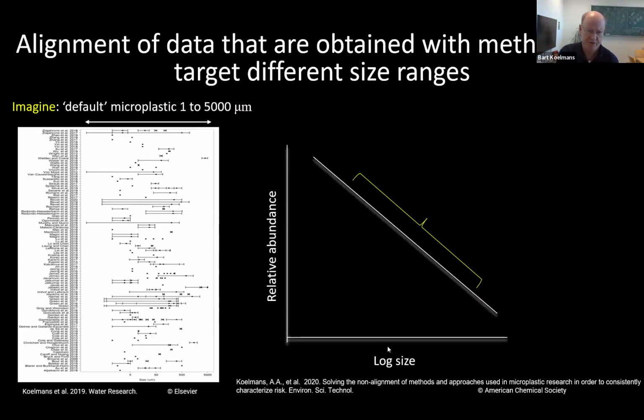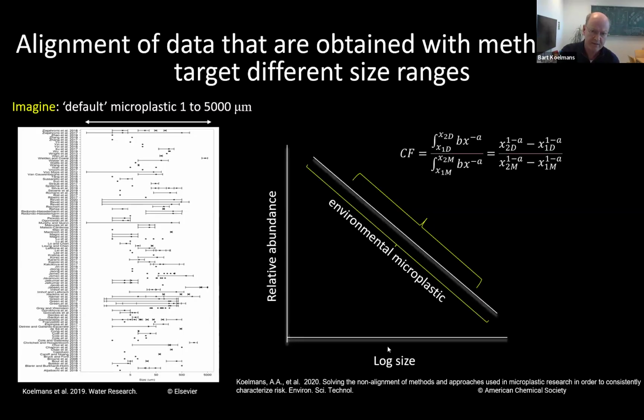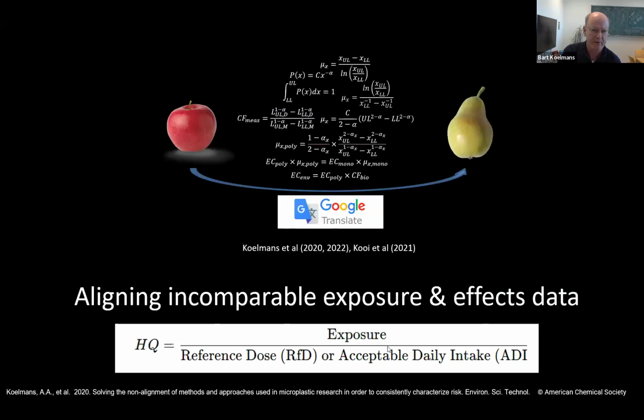If you know the distribution and you measure only the yellow part, then you can extrapolate to the entire microplastic size range, for instance, from 1 to 5,000 micron. So this is an alignment that can be done and is a way to get exposure data with the same unit, all aligned to what could be default microplastic from 1 to 5,000 micrometer.